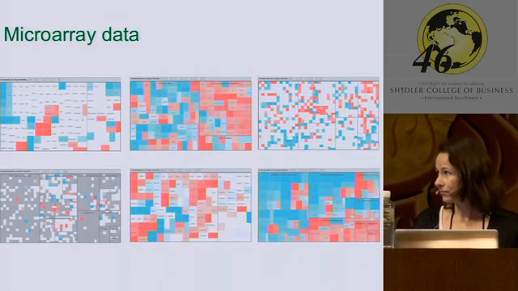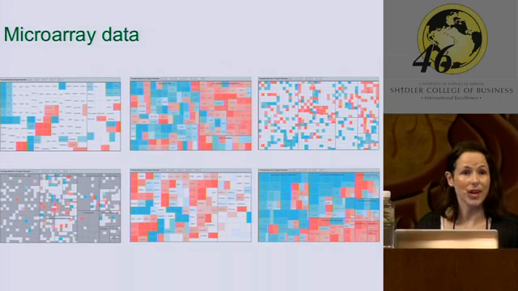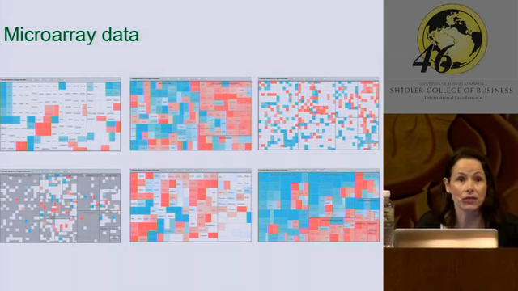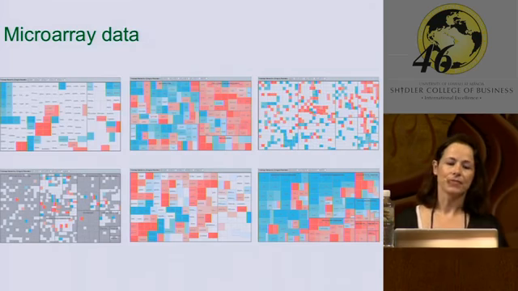This is a geneticist looking at microarray data. He created dozens and dozens of these tree maps, and they looked beautiful to us. We have no idea what they mean or how they work. But he wrote to us and said, I just made a couple of really interesting discoveries. Can I use the Many Eyes visualizations for a publication? We said, yes, of course. That is the whole purpose. Please do this.